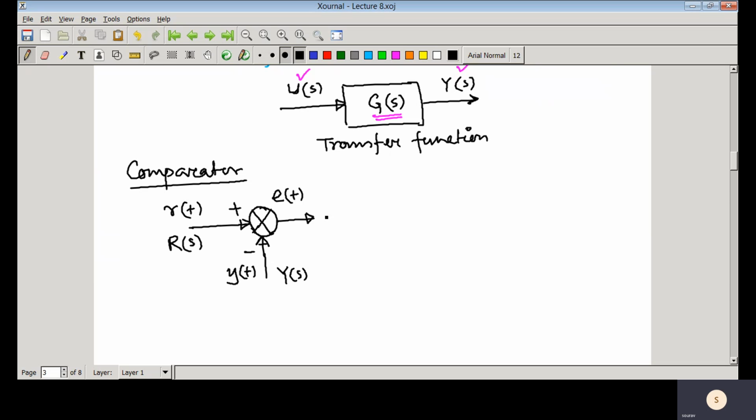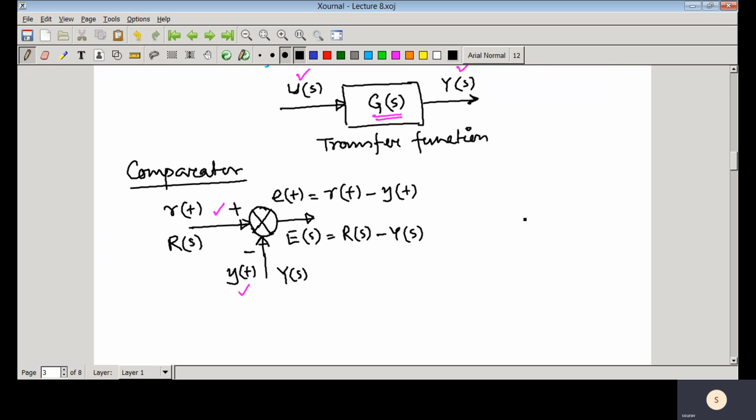So this is that signal, and here you can see that R(t) is coming plus, and Y(t) you need to subtract from this R(t), so that E(t) equals R(t) minus Y(t), and in Laplace domain that E(s) equals R(s) minus Y(s). So this is the basic operation that takes place in the comparator.